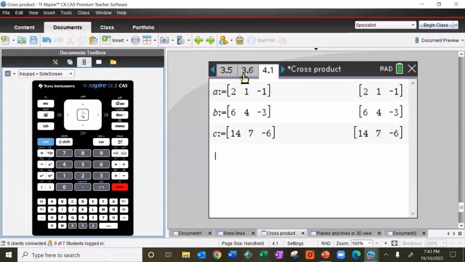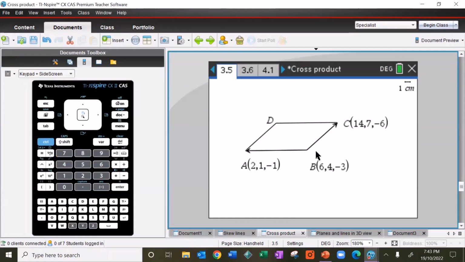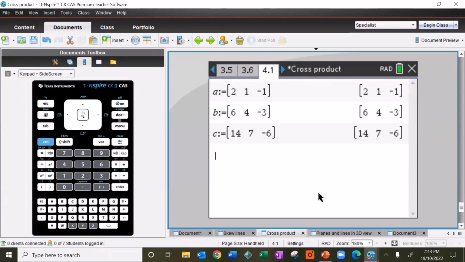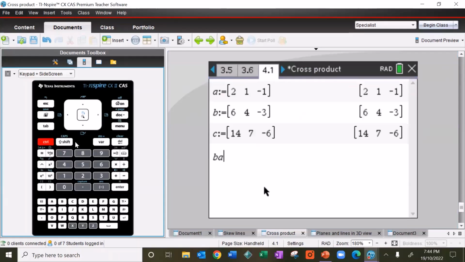So these were the position vectors, but if I wish to find the area of the parallelogram, I need vector BA and BC cross product. So what I can say now is that my vector BA, and the calculator will do it nicely for us, is vector A minus B. And I need vector BC, and that is good for the students if they do it on a calculator, because they will not make a mistake. So BC is equal to C minus A.